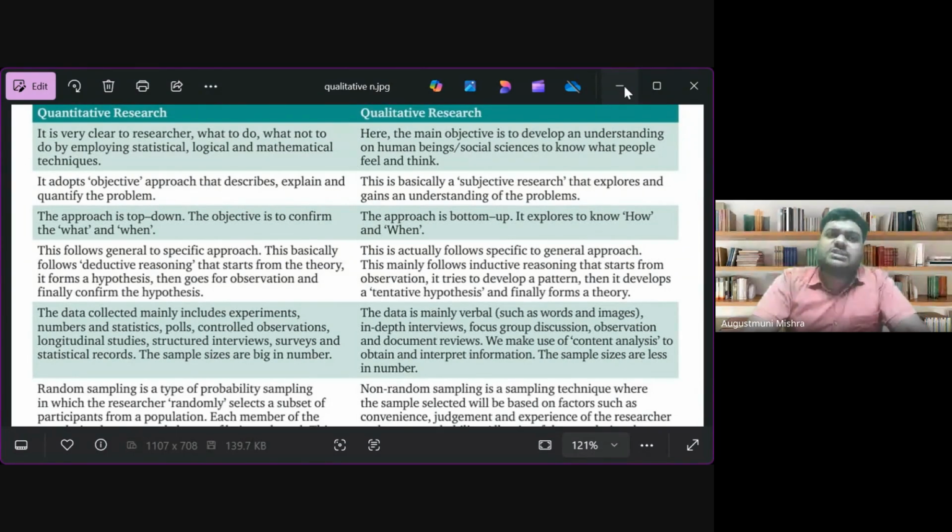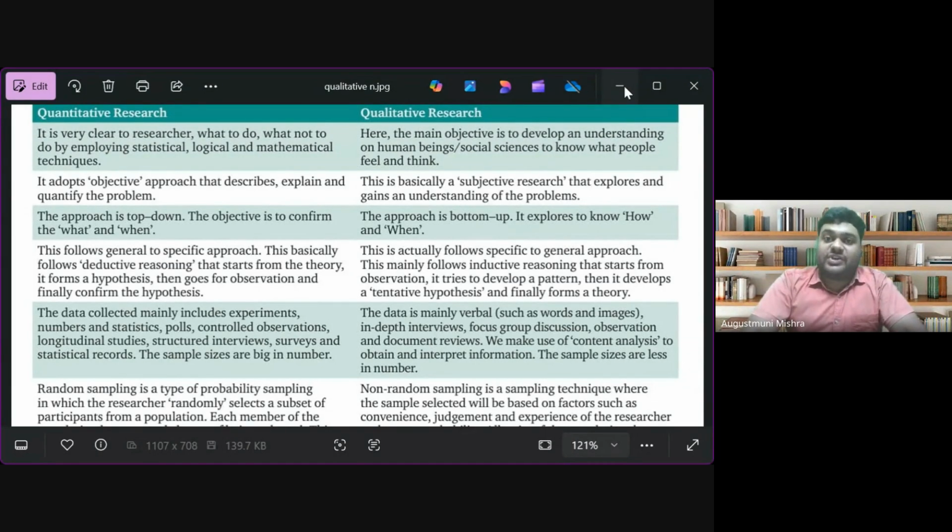Yes, because most quantitative research is performed by subjects like physics, the subjects that come under the natural sciences: chemistry, physics, biology, and all. So everything is clear to the researcher, because it is already mentioned by researchers in previous research.